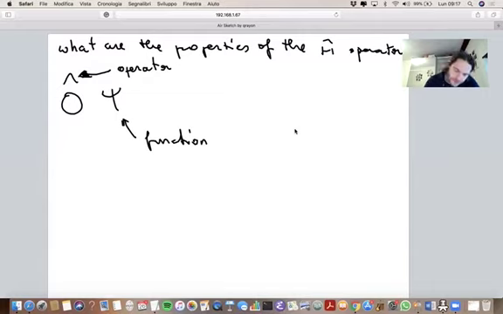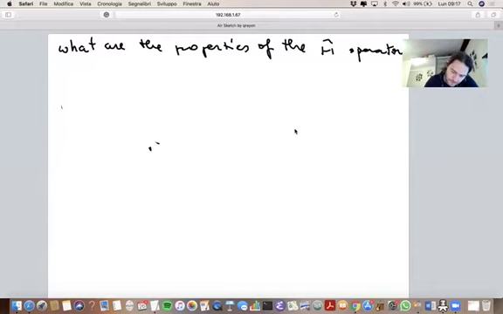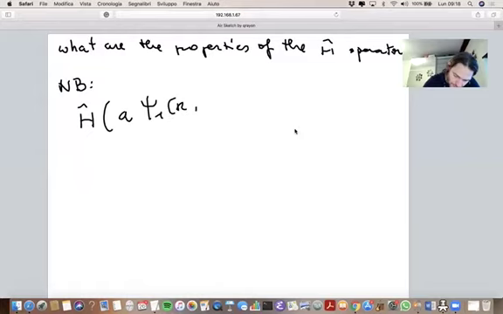But what are the properties of this operator? Well, let me state them all together. Let's compute what happens if I take a function psi1. I take a generic linear combination of two wave functions.